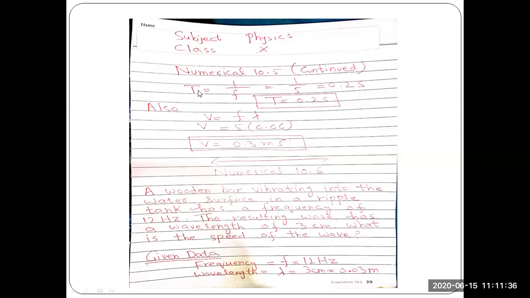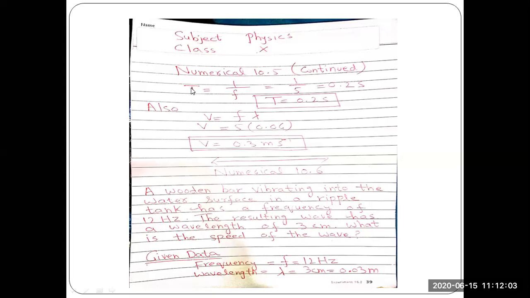In the last slide we found the frequency, which was 5. The formula for time period is T equals 1 over f. When we read the book, we found the formula time period is equal to 1 over f. So I will put the values. Frequency is equal to 5, which we just found. So 1 over 5 equals 0.2 second.